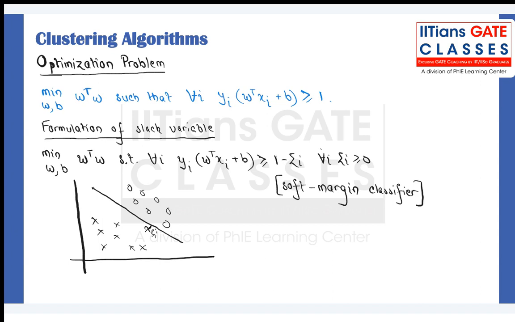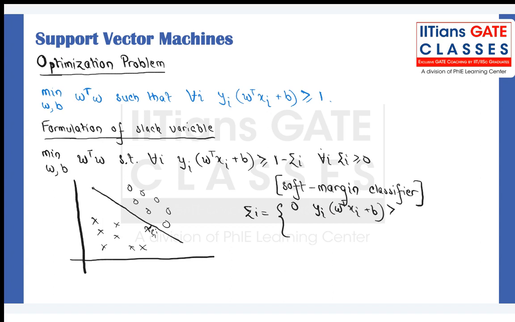What do I mean by this is, this psi i is nothing but 0 when yi times (W transpose xi plus b) is greater than or equal to 1, or else it is 1 minus yi times (W transpose xi plus b) when it is less than 1.